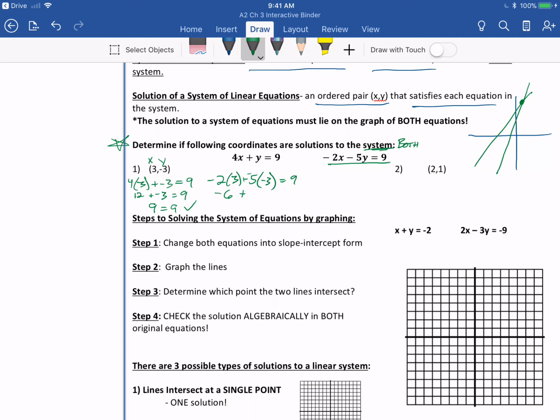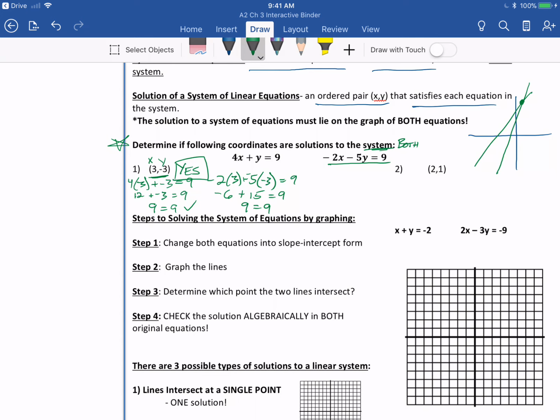I like to make this plus a negative, so this is going to be plus -5 times -3, which is 15. -6 plus 15, is that 9? And you say, hey, sure, that does. 9 equals 9. So yes, (3, -3) is a solution to this system. So this is where these two lines would intersect.